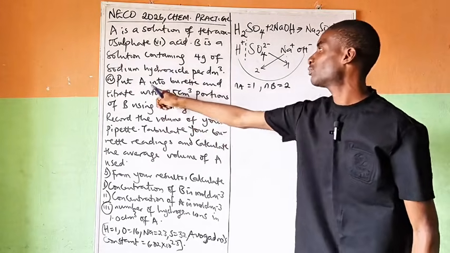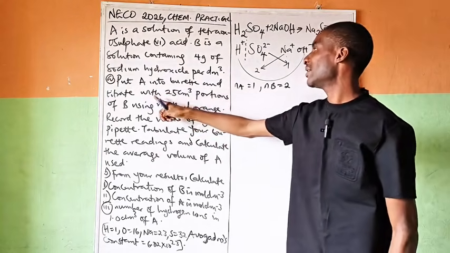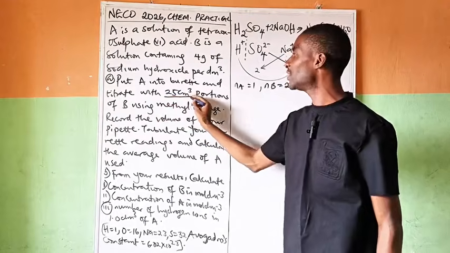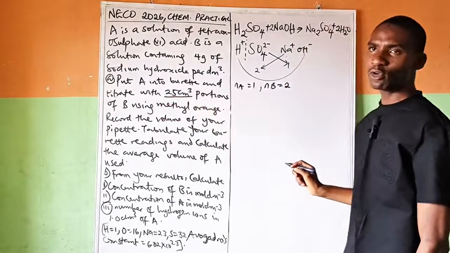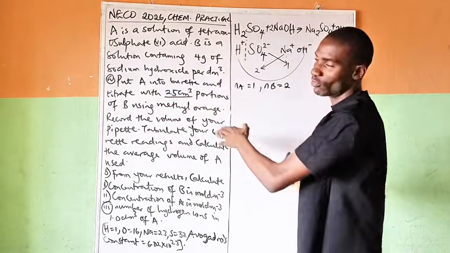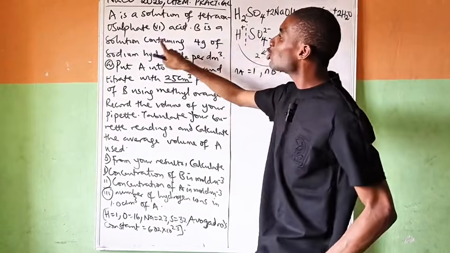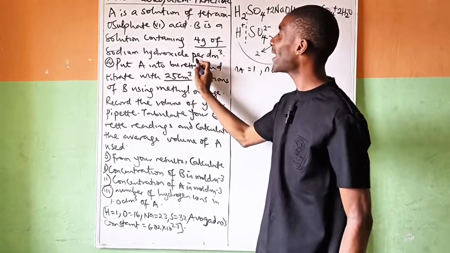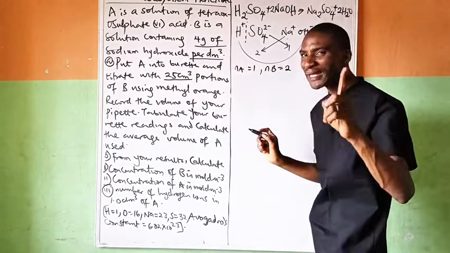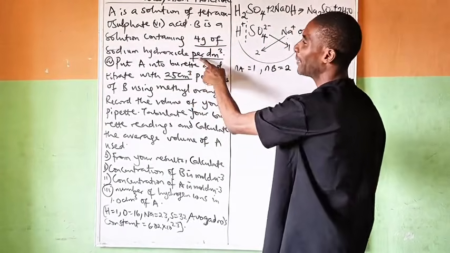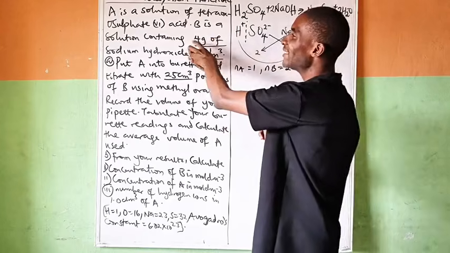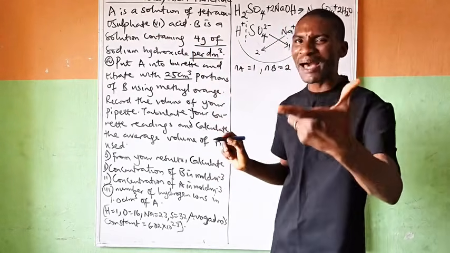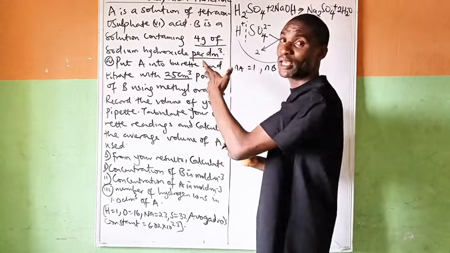The next question says, put A into a burette and titrate with 25 cm³ portions of B. This is your volume of B. But before we go to the volume of B, what are the other parameters that we were given? B is a solution containing 4 grams of sodium hydroxide per dm³. Please pay attention. This is grams per dm³. It means the value for the base that was given is mass concentration, because this is grams, so it's mass.